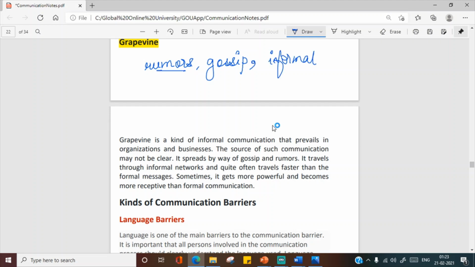It could be a rumor, it could be gossip. Those who have worked in some organizations know that this is really very common. People talk about each other, they complain, they tell all sorts of information about another person. It travels through the informal network, often quite faster than formal messages. Sometimes it becomes more powerful.